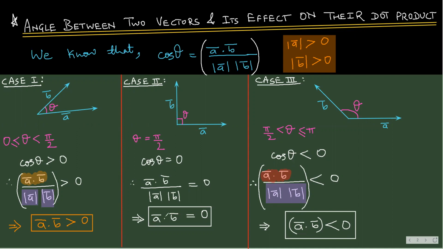When the angle is 90 degrees, the dot product of two vectors is 0. When the angle is lesser than 90 degrees, greater than or equal to 0 degrees, that is, the angle between the two vectors is an acute angle, then the dot product is positive. Okay, you will make a note of it. This is a very important concept, and based on this we can solve many problems.